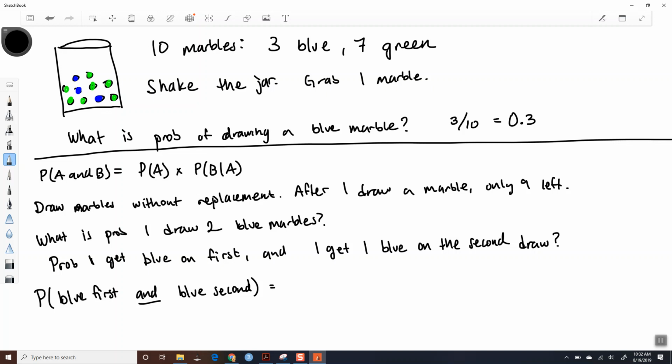All right, anybody want to take a stab at this? So what is the probability I get blue on the first? What did we say? We said 3/10, right?